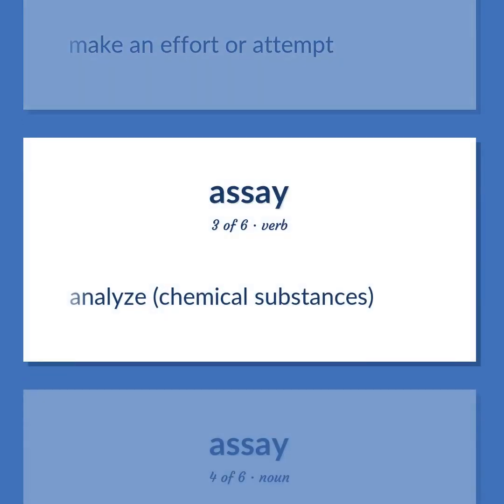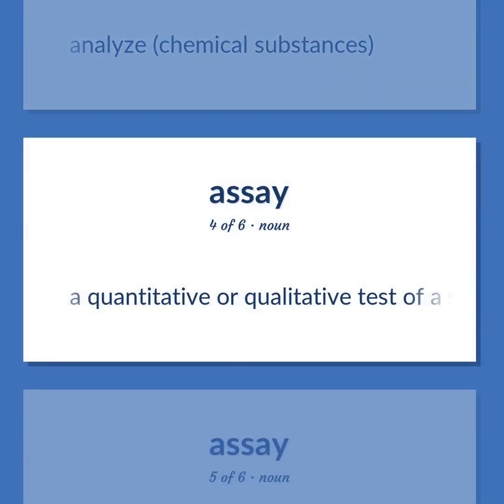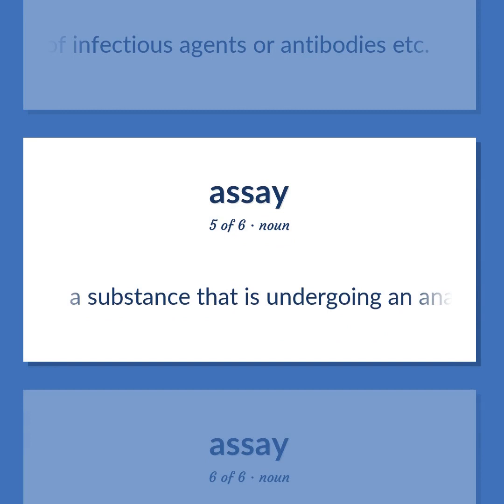Analyze chemical substances. A quantitative or qualitative test of a substance, especially an ore or a drug, to determine its components, frequently used to test for the presence or concentration of infectious agents or antibodies, etc. A substance that is undergoing an analysis of its components.